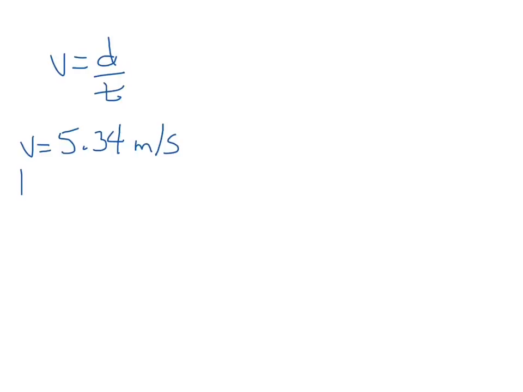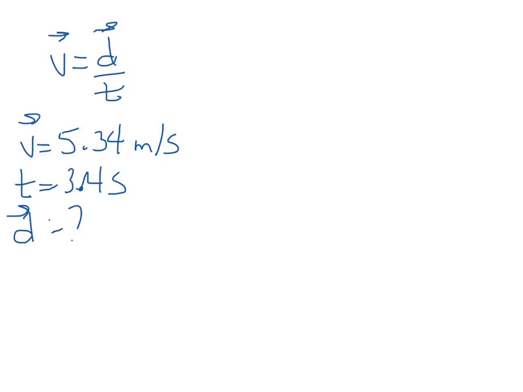So we're going to use that in this equation to allow us to figure out our displacement, because we now know what her speed is and she's traveling at that constant velocity. So constant means that acceleration is not happening anymore. So she's traveling at 5.34 meters per second for 3.4 seconds. So what is her displacement?